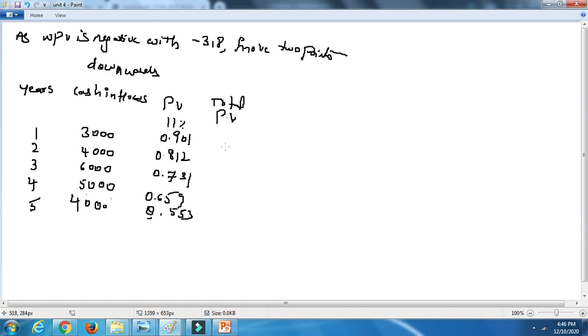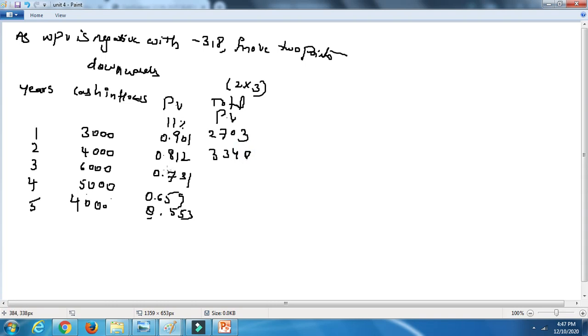Now what you're going to do is multiply the second column into the third column. So 3000 into 0.901, how much will it come to? 2,703. Next 3,248.